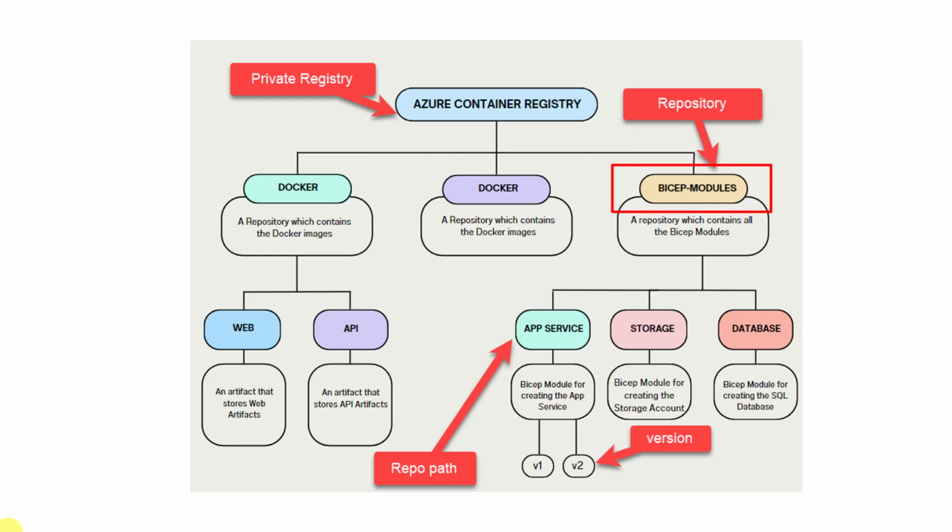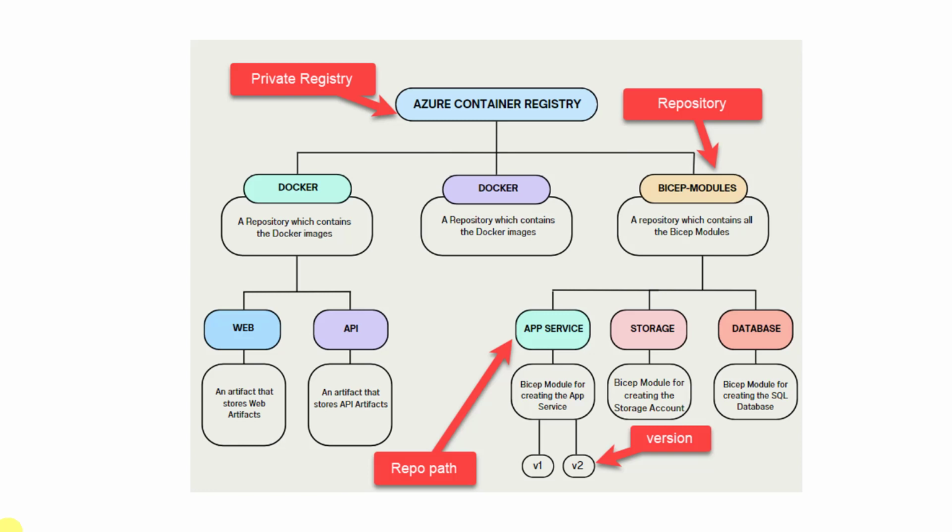Don't get confused with Git repositories. The terminology is the same, but they serve different purposes. Here the Bicep modules contain multiple parts: app service, storage, and database. These are three different modules that we can deploy into the Bicep modules repository. And each repo can contain multiple versions. As you can see, app service has two versions, V1 and V2.